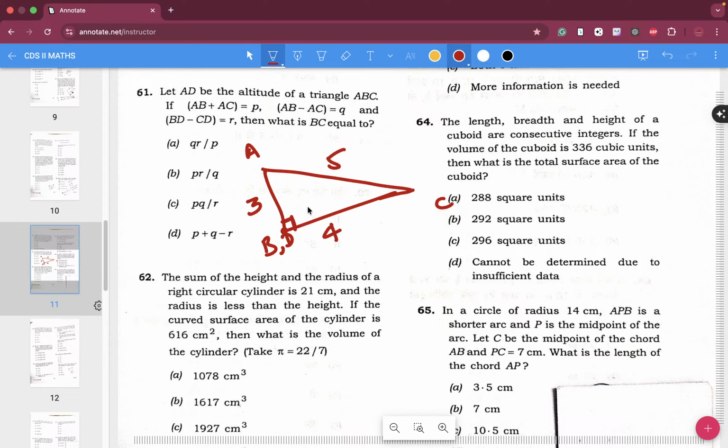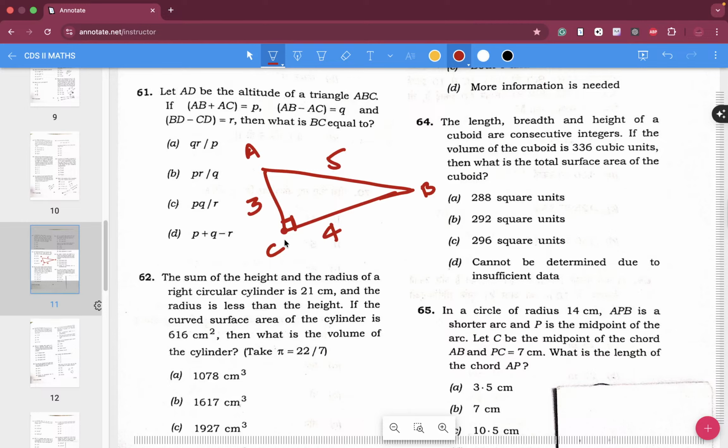If AB plus AC is equal to P, AC over here is the hypotenuse. So we will change the naming convention and write it like A, B and C. We can do that, isn't it?